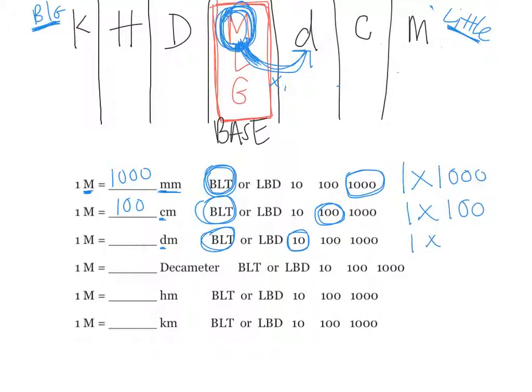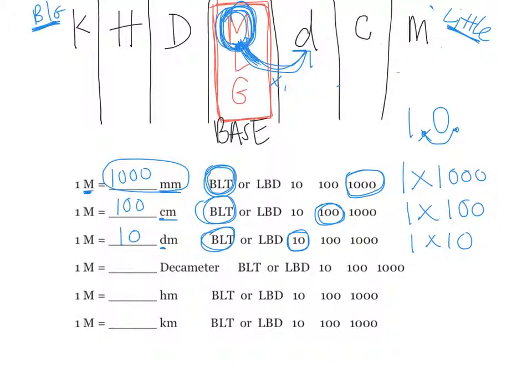So 1 meter times 10. Or I can write my 1 with a decimal, and if I move it one place and mark out the old one, 1 meter equals 10 decimeters. So if I look back, it takes 1,000 millimeters to make a meter stick. It takes 100 centimeters to make a meter, and it takes 10 decimeters to make a meter.